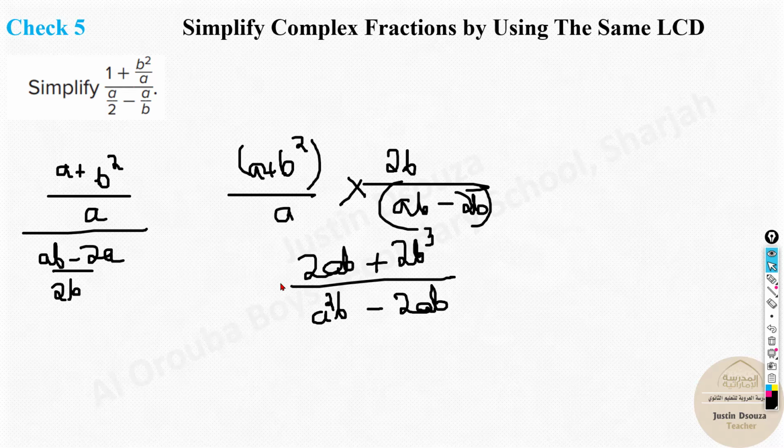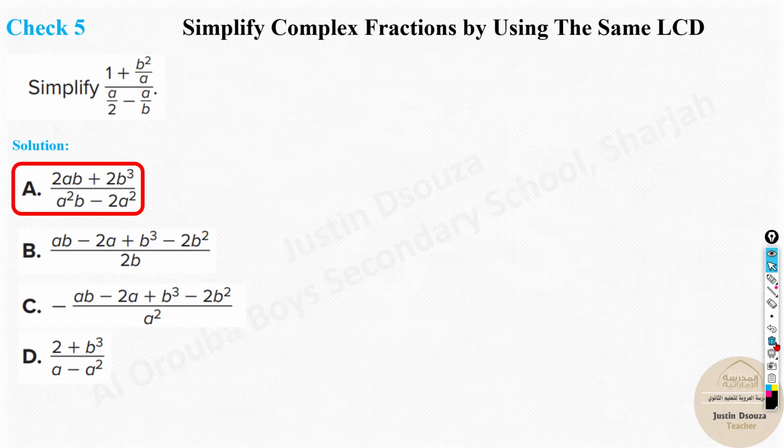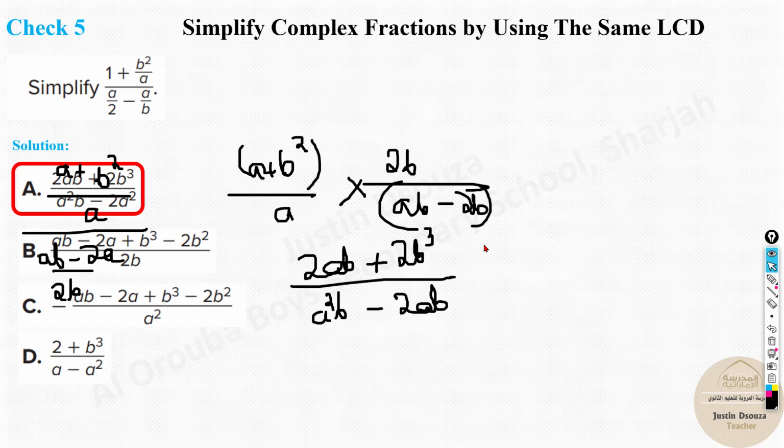So this is the answer. Let's see, there were options. It is 2ab plus 2b cubed divided by a squared b minus 2. Okay, let me just see the option over here.